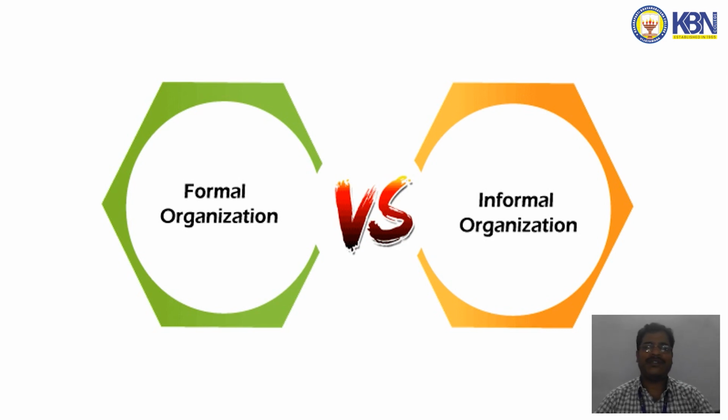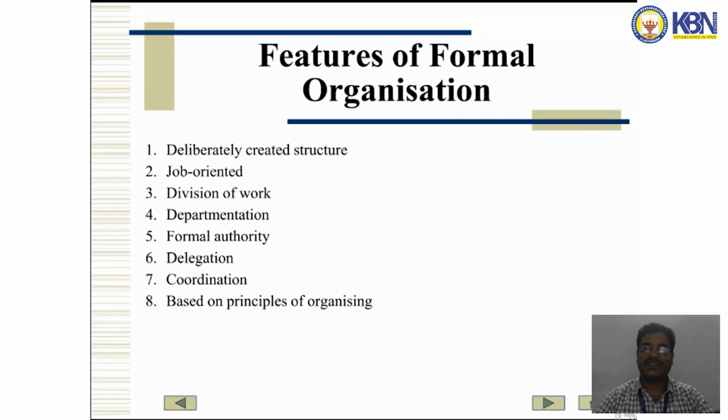Let us find out what are the features available under these formal and informal organizations. Firstly, let me focus on formal organization features. See, it's a deliberately created structure. Yes, this formal organization has been created by the management, and every employee should be under that system, and it is completely job oriented.